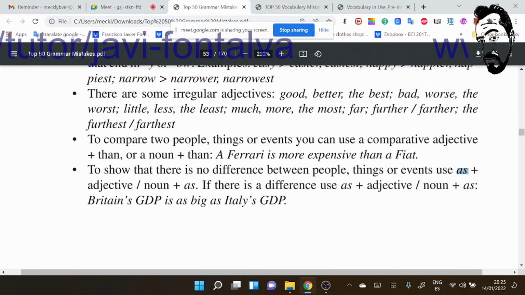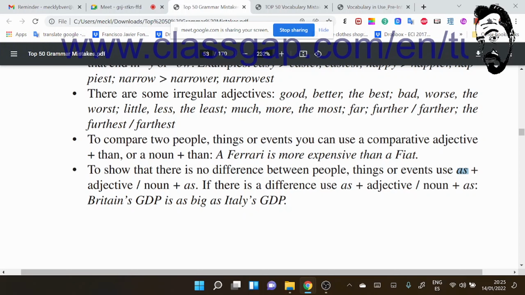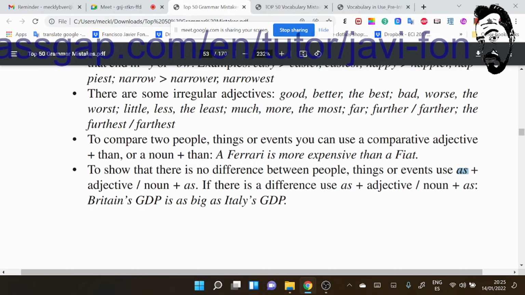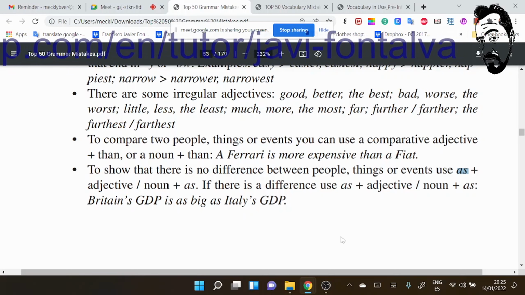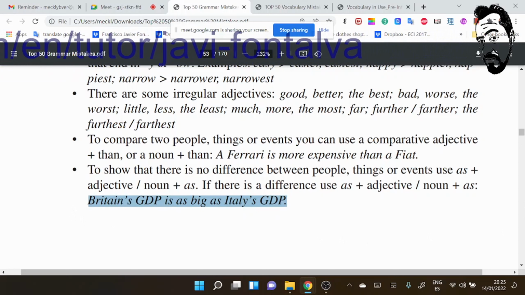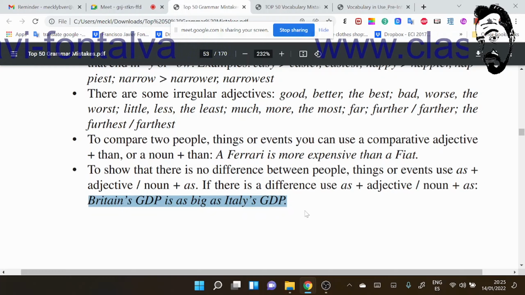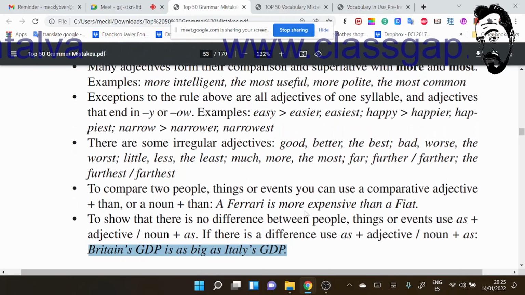We also use this when you want to say something has the same quality. Imagine they have the same price. This is as expensive as this. The same price. Another example here. British GDP is as big as Italy's GDP. Same GDP.